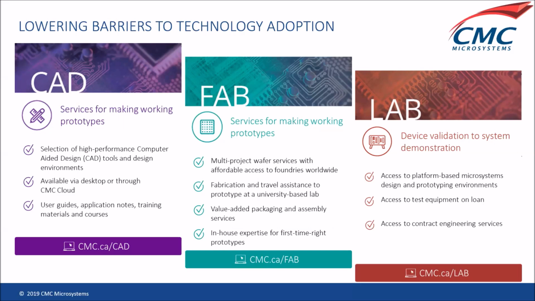As for Lab, it consists of device validation to system demonstration, and this includes access to leading-edge platforms to design microsystems and prototyping environments, access to test equipment on loan, and access to contract engineering services. We offer technologies in different spaces, including microelectronics, photonics, microfluidics, MEMS, and embedded systems.